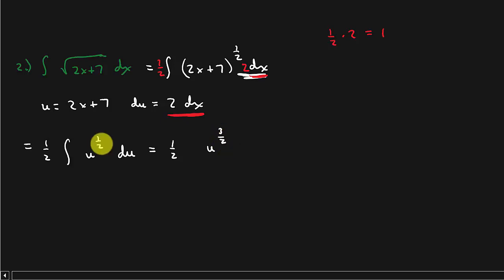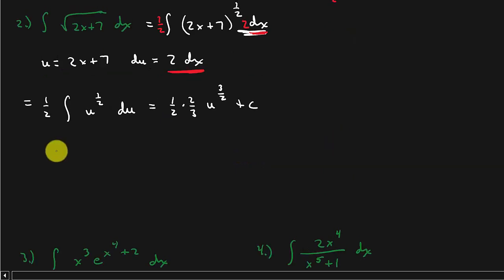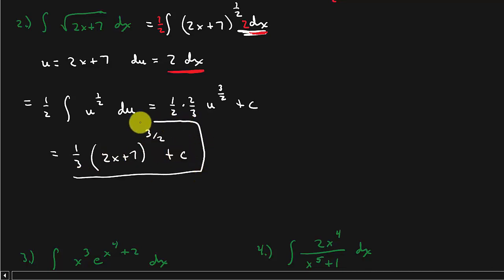Add 1 to the exponent, that gives me 3/2, and then I multiply by the reciprocal of the new exponent, plus c. So this gives me 1/3 times, and in the place of u, I put the 2x plus 7, to the 3/2 plus c. And there's my answer.